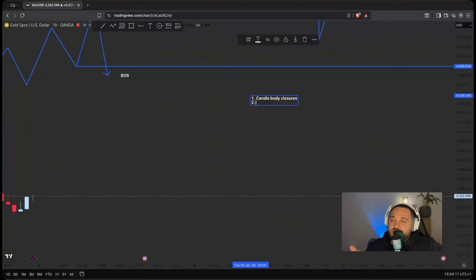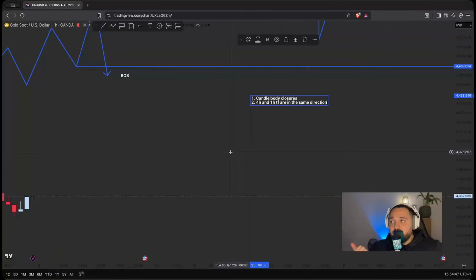And this is also specifically how we trade in our playbook: the 4-hour and 1-hour time frames are in the same direction. We always make sure that the 4-hour and 1-hour time frames are in the same direction.